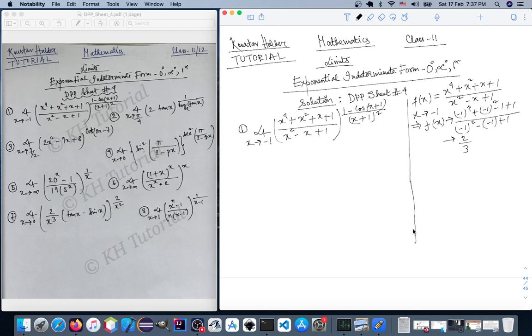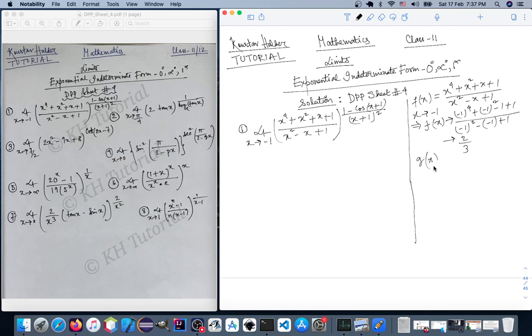This means the exponential, the power must also be tending to a finite value. So this does not fall into the category of the exponential indeterminate forms 0 to the power 0, infinity to the power 0, or 1 to the power infinity. We simply see that f(x) is tending to a finite value 2 by 3. So now we have to find the limiting value of the power.